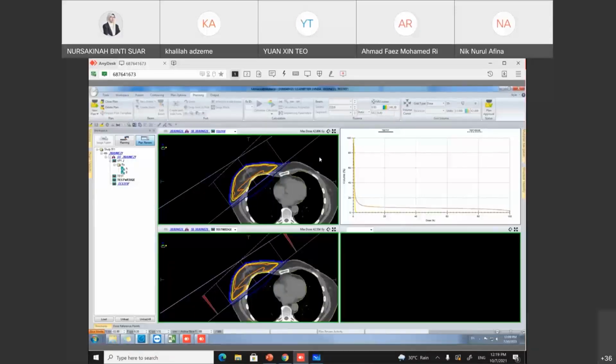Because actually, if you put in the wedge, the planning time is much faster than using the field in field technique. That means with field in field you use more time to plan, but the planning time is only one time.